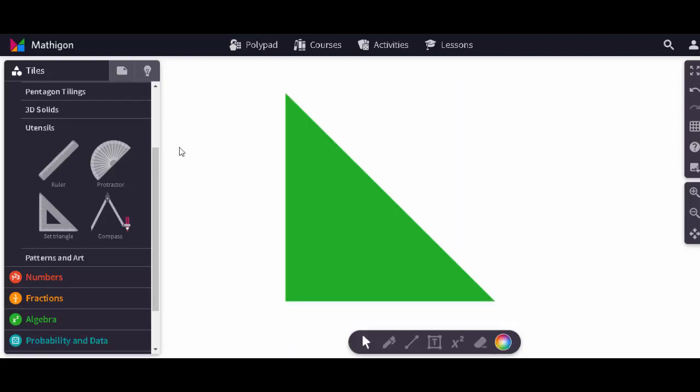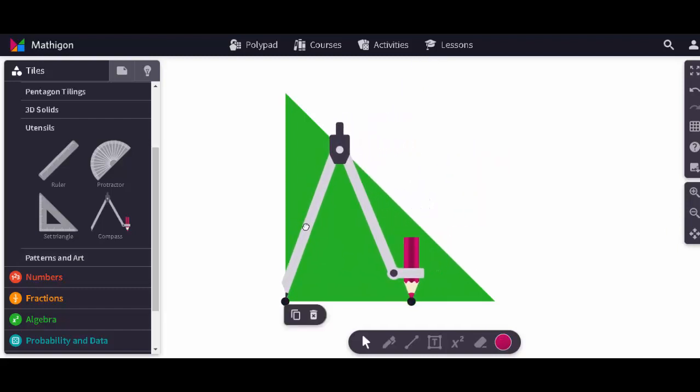On your honors lesson, the first question asks you to divide each side and make perpendicular bisectors for each side of the triangle. So what you need to do is take a compass and put it on one edge of the triangle. I know you could probably do this with a ruler and a protractor, but we're trying to learn how to do geometric constructions and how to use the compass.